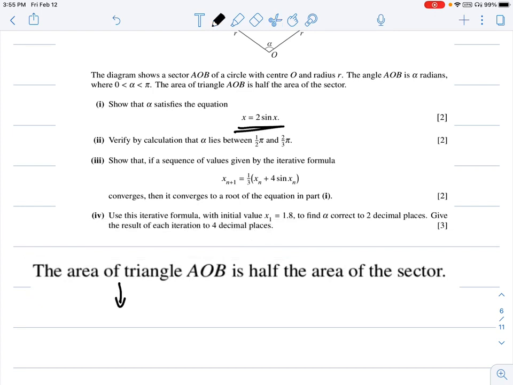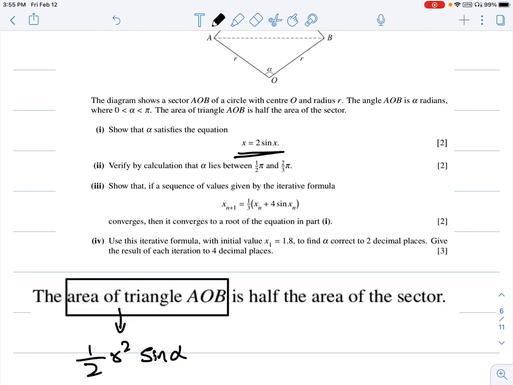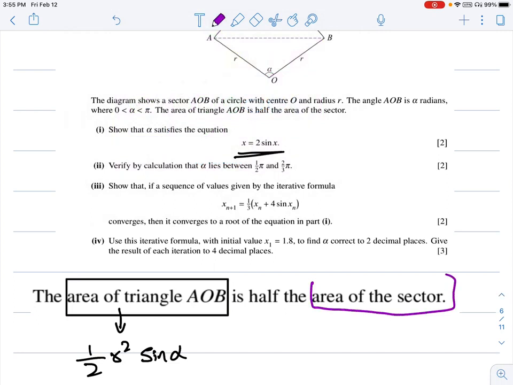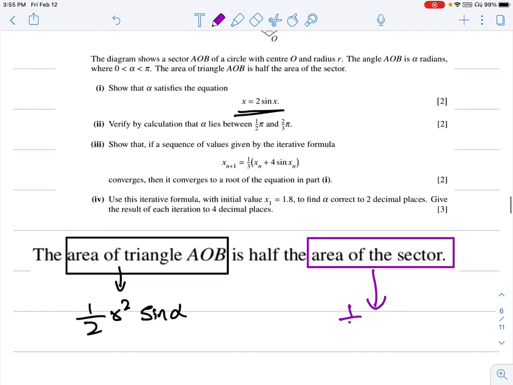Area of a triangle is half times r square sine alpha. Now area of this sector is half r square theta, so half r square alpha.